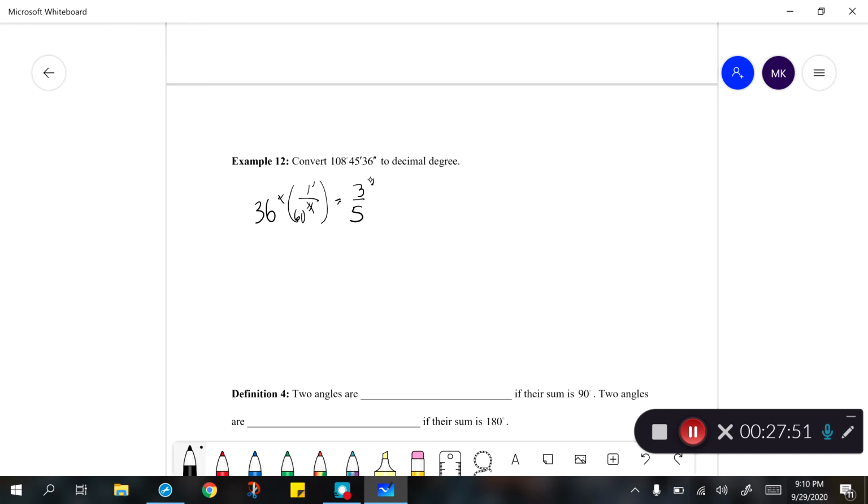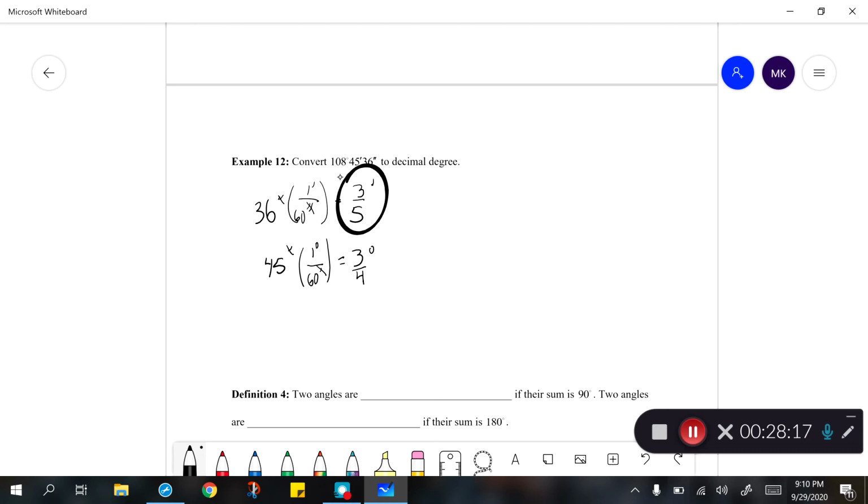We do a similar thing. So we have our 45 minutes and we multiply that by 1 degree over 60 minutes. Well, minutes cancel, and we get 3/4 of a degree. But wait, we still have this 3/5 of a minute, so we need to do that again.